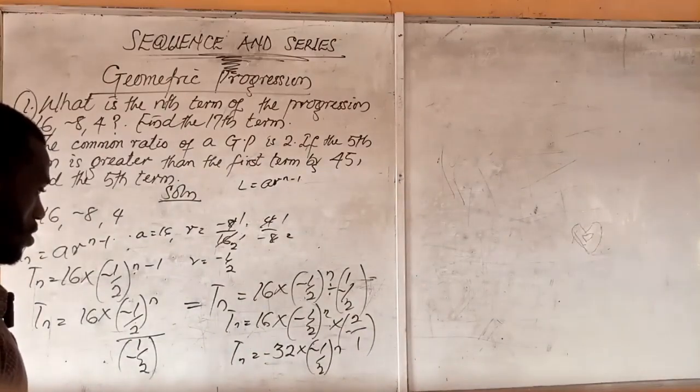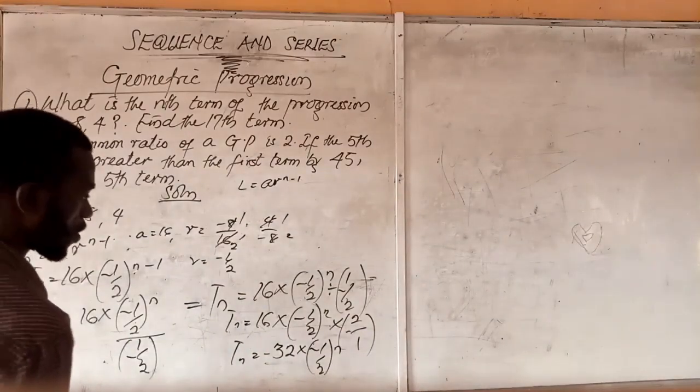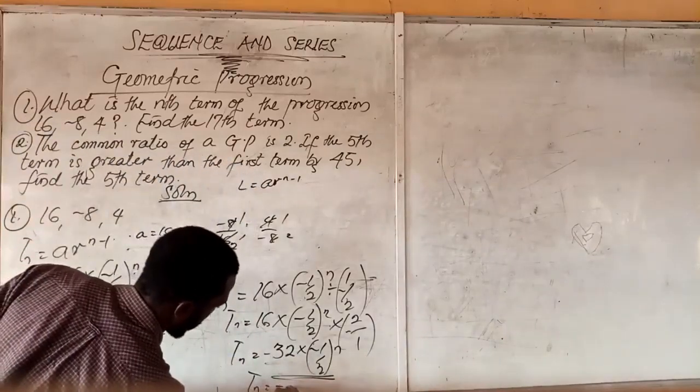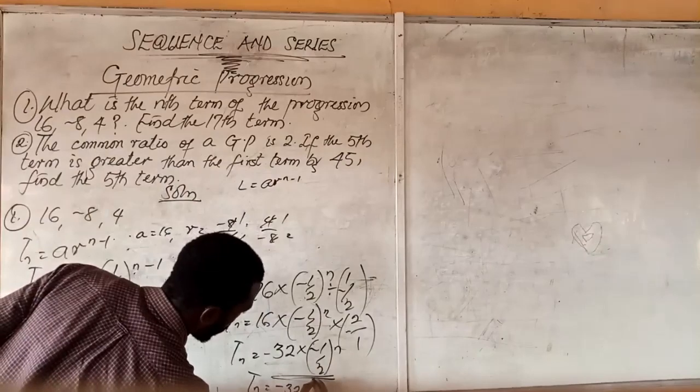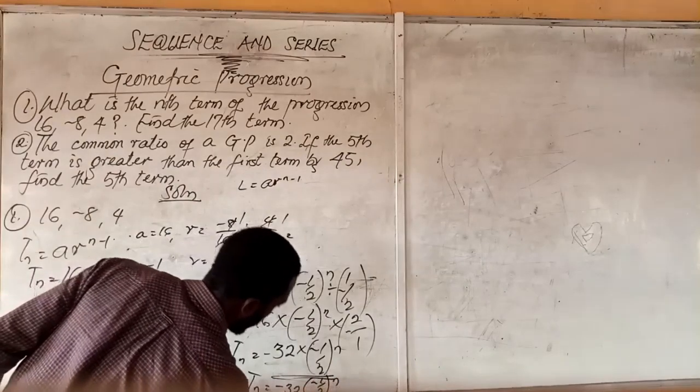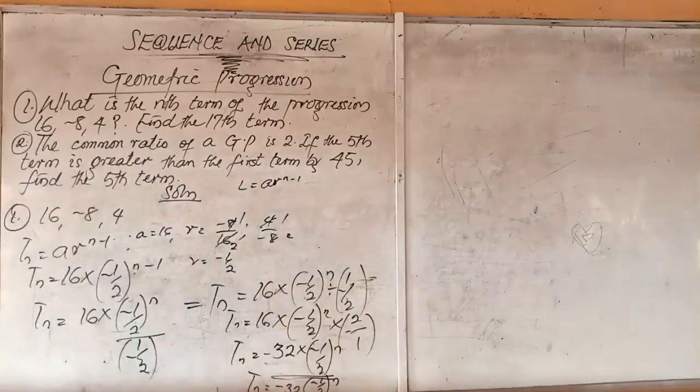And this becomes our expression. So we can collect them together: Tn equals minus 32 into bracket negative 1 over 2 to the n. And that is our answer.